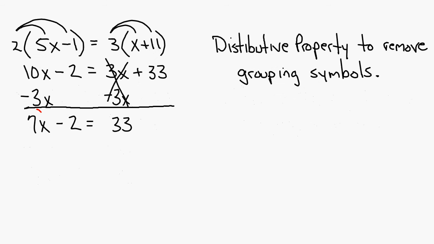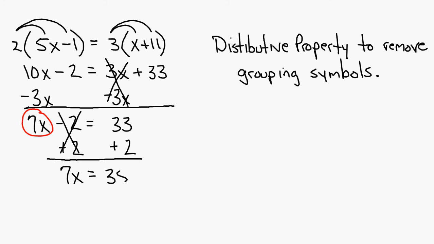Now you're going to isolate the 7x. You're going to do that by adding 2 to each side of the equation. So the 7x comes down. The 2's cancel, and the 7x is equal to 35.